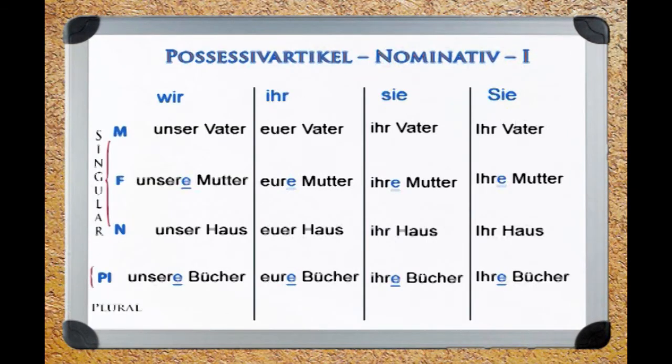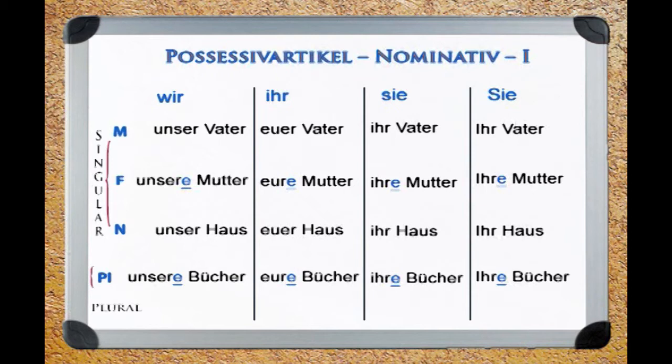So, if you see, the new concepts here for you are the possessive article of wir and ihr, and the old concepts are the possessive article for sie and Sie, and there is not any change as you see for masculine and for neutral gender article.